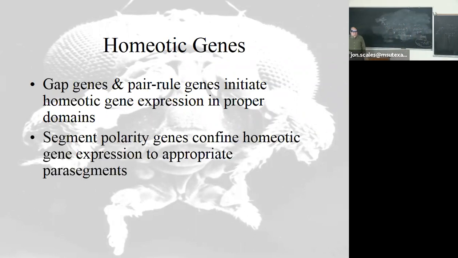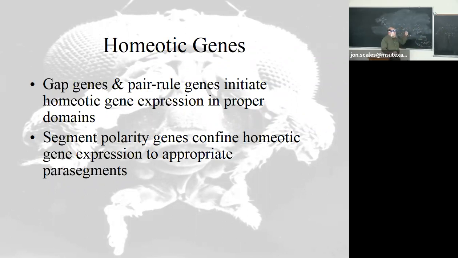Once the homeotic genes begin to be expressed, the segment polarity genes sort of dictate what they do within that segment, help to dictate the more refined expression pattern within that segment. A lot of times the images are drawn and it's like, okay, the entire thorax segment 1 has sex combs in it. But actually, it's not. It's restricted within that segment, and it's restricted by segment polarity genes to a degree.